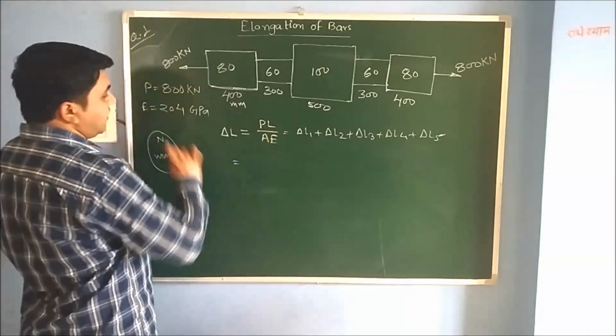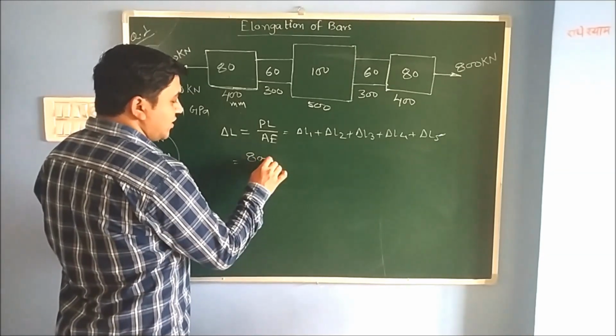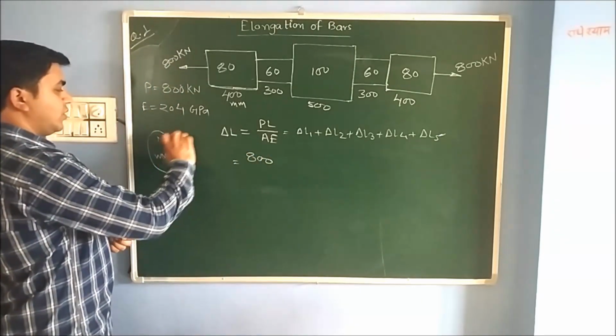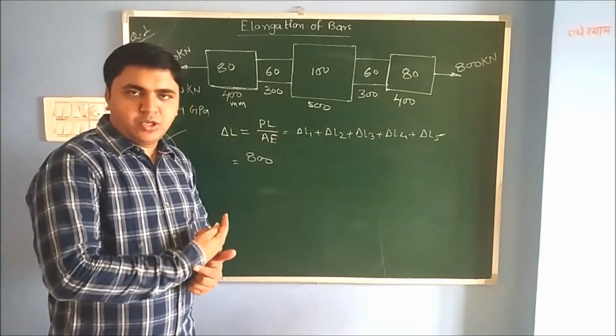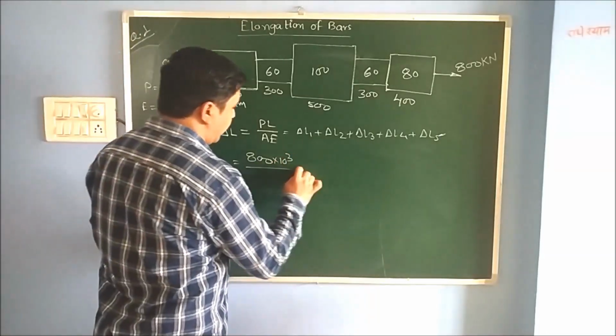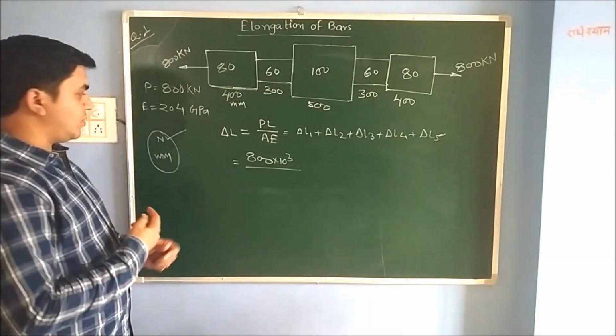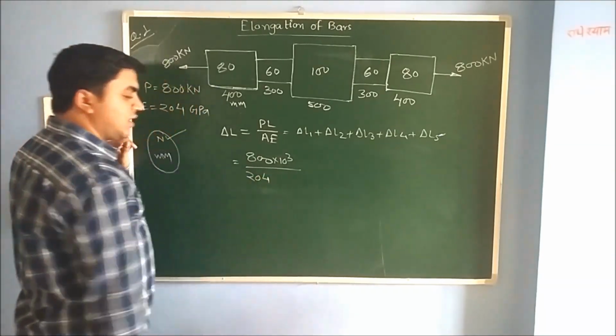P, the load, is given as 800 kilonewton. We'll convert this 800 kilonewton into newtons, because we convert all values of load into newtons. So 800 into 10 raised to power 3, upon Young's modulus, which is also common: 204 GPa is given to you.